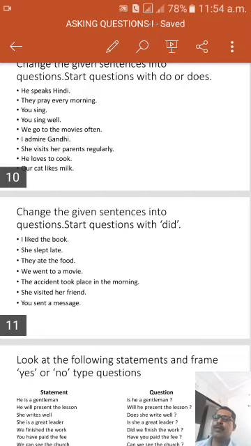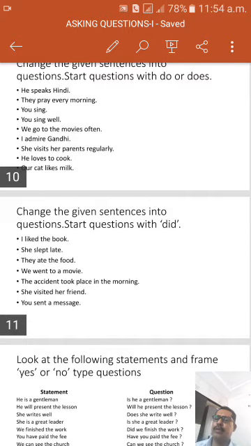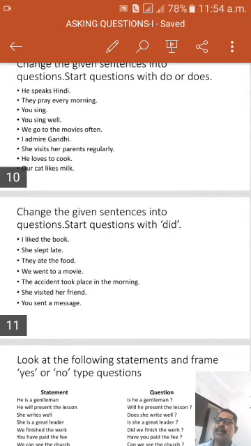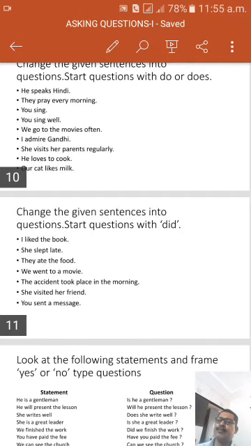We went to a movie. Did you go to a movie? The accident took place in the morning. Did the accident take place in the morning? She visited her friend. Did she visit her friend? You sent a message. Did you send a message?